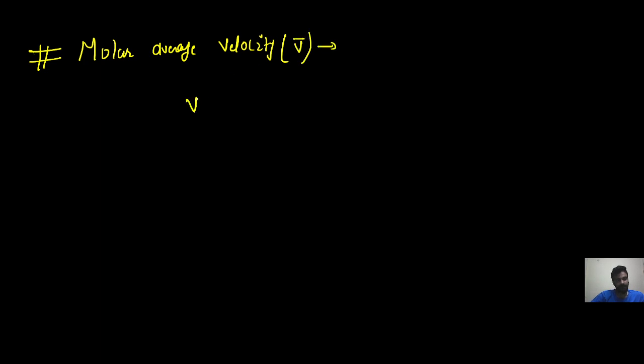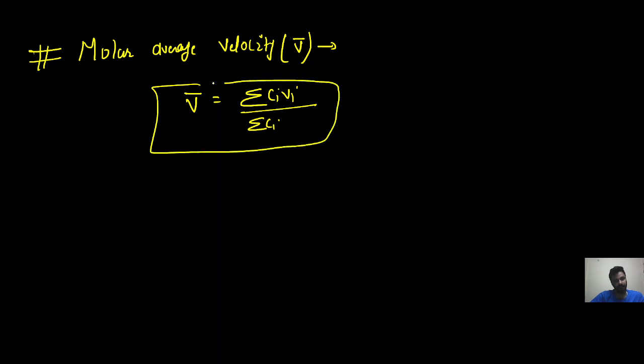You can define V bar as the summation of Ci Vi upon the summation of Ci, where Ci is the molar concentration and Vi is the velocity of molecules.